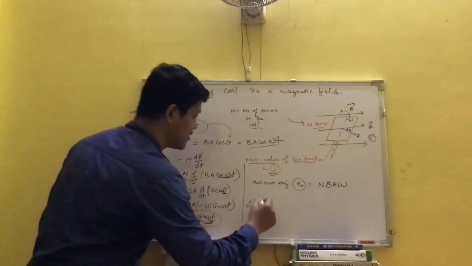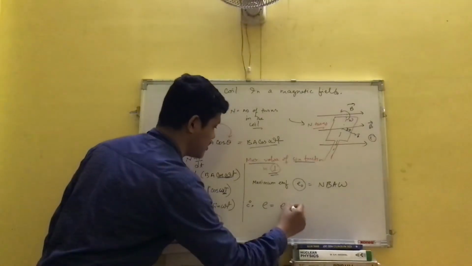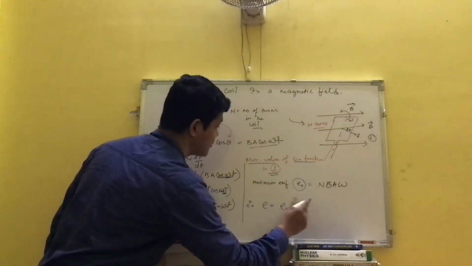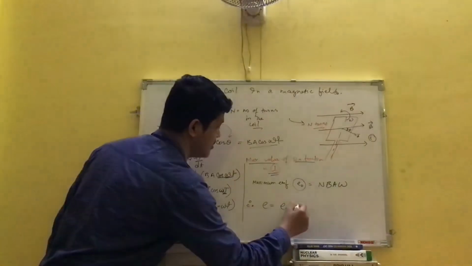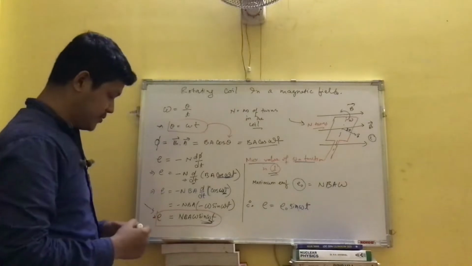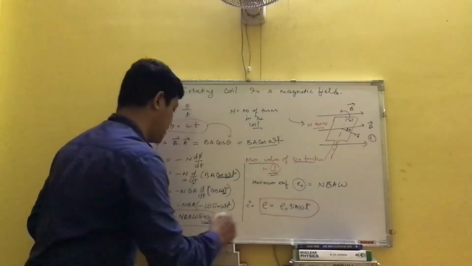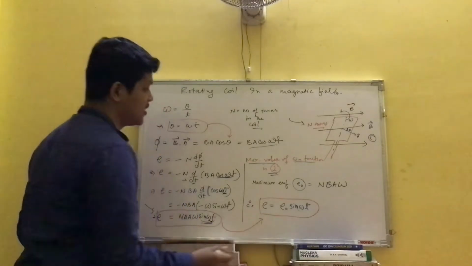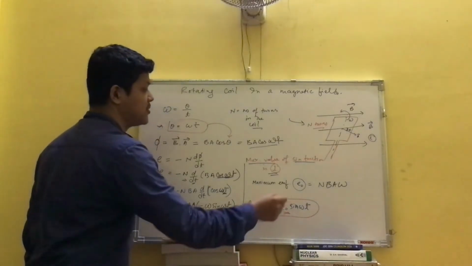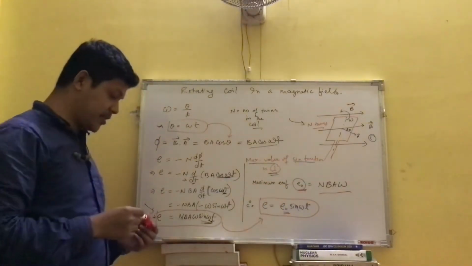So we can write the induced EMF E is equal to E naught sin omega t. This expression can be written this way, where E naught is the maximum EMF, nBA omega. So hope you have understood.